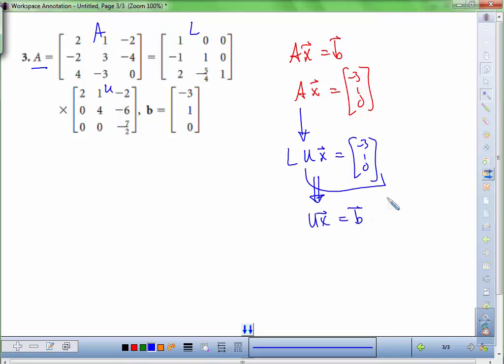So if you take Ux equals b, we're going to come up with another vector, and then from there we're going to solve for the rest of them. Except we don't want to call it x, do we? I think they call it y in the book.